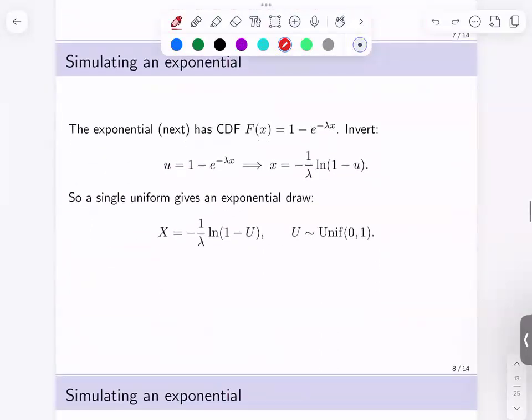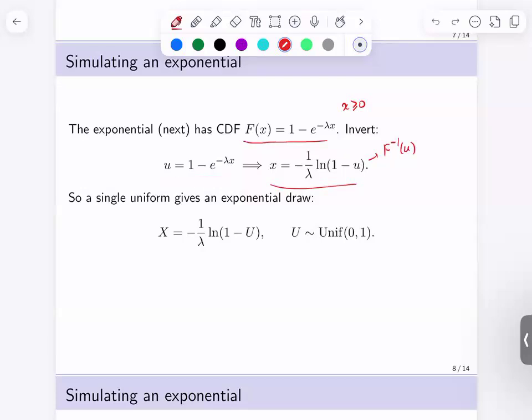So here's an example. If I have the CDF given by this, for x positive, this is going to be the CDF of the exponential distribution. We'll see shortly. If I want to create that, I will invert it. Inversion would give me this, the F inverse. So you set F of x equal to u, and then you solve for x.